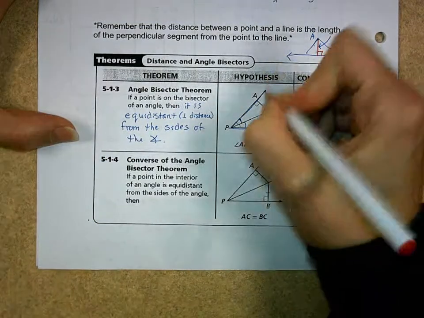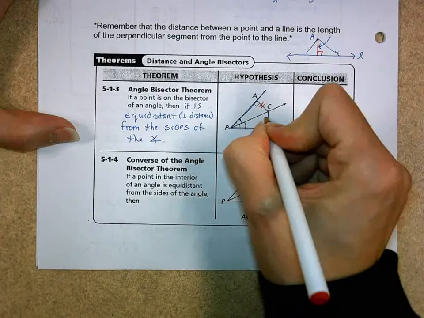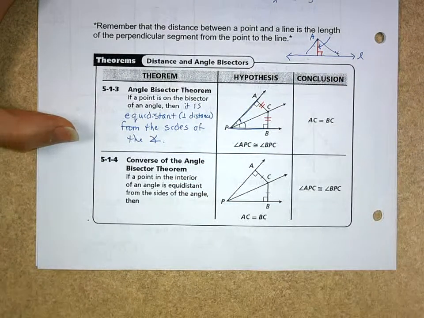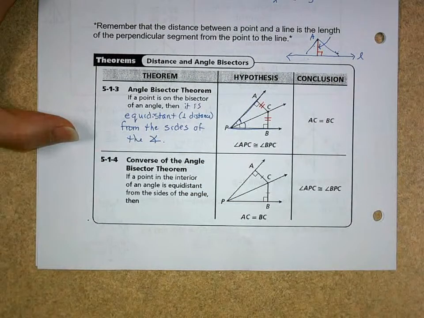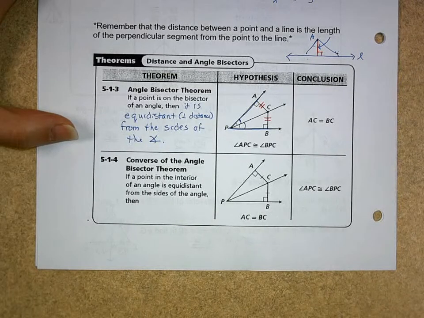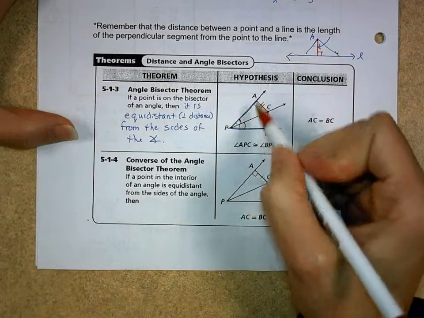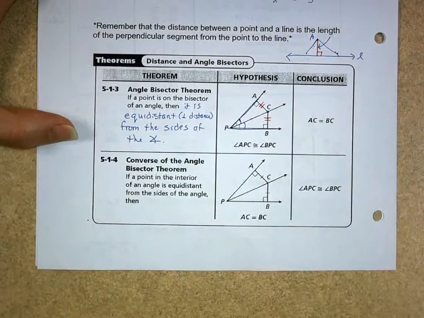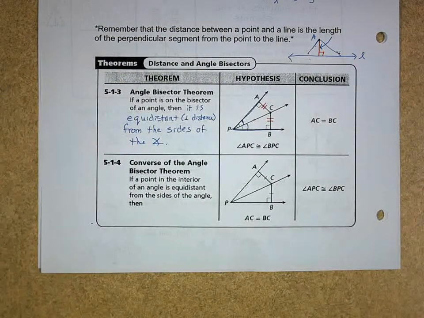Which means these two segments now are automatically congruent to each other. How do we prove that? Angle, angle, side. It'd be angle, angle, and then your reflexive property for the side. So it's all using congruent triangles again.